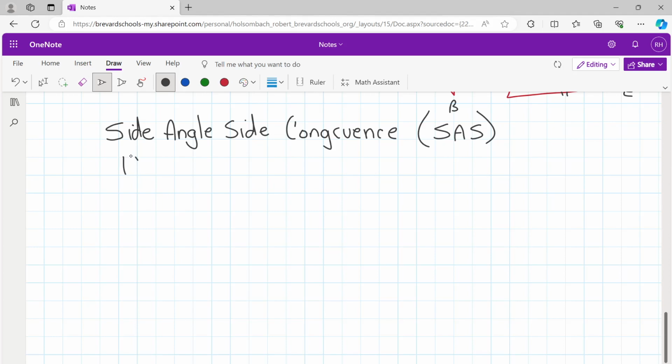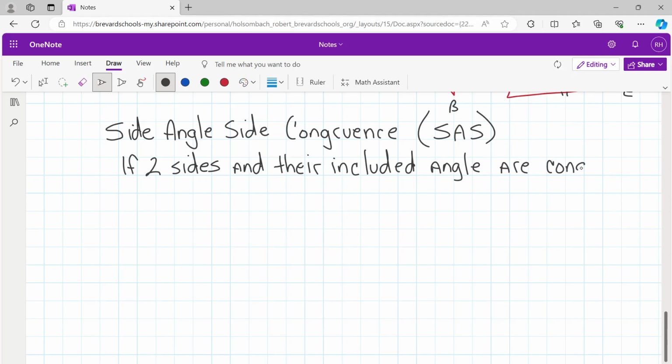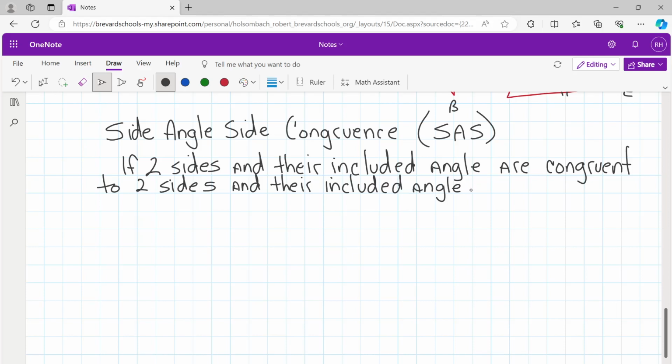And the rule states that if 2 sides and their included angle are congruent to two sides and their included angle, and the triangles are congruent.